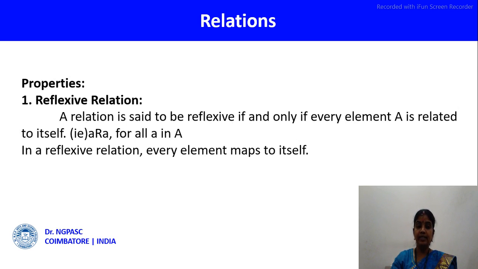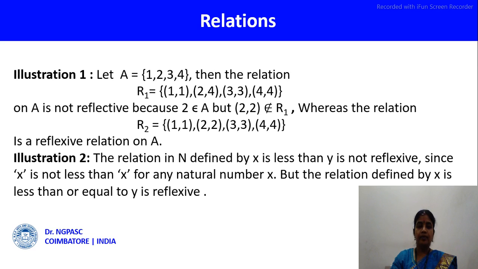Next, properties of relations. Reflexive relation. A relation is said to be reflexive if and only if every element of A is related to itself. That is, a related to a for every a in A. Example, let A equals {1, 2, 3, 4}.